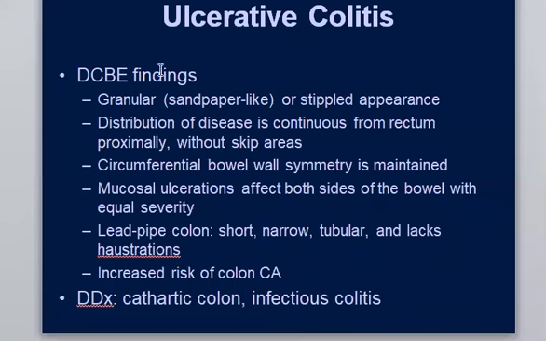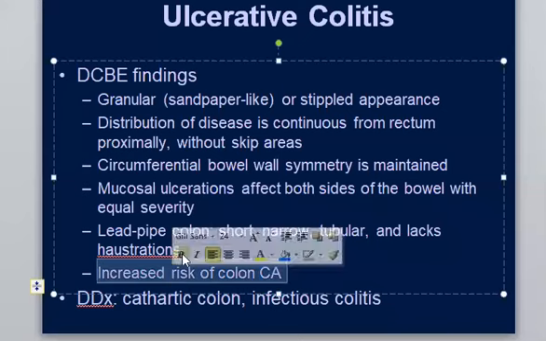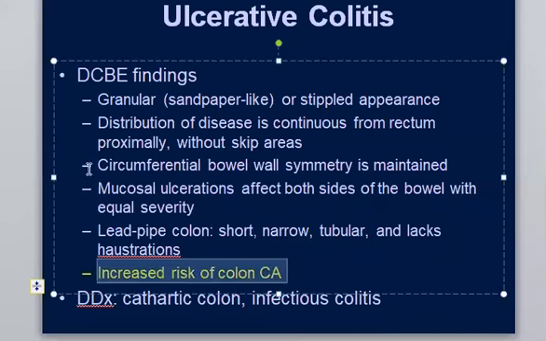Yeah. So that's what you can think about ulcerative colitis. Nice, Ala, that you can mention that also maybe it can transform to carcinoma. Yes. So this is the increased risk of colon cancer. Perfect, Ala.